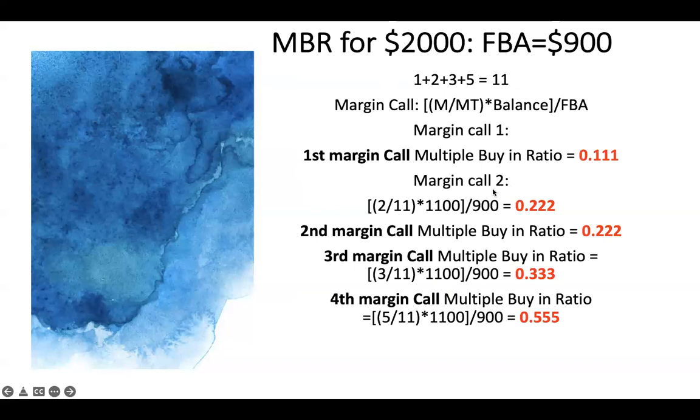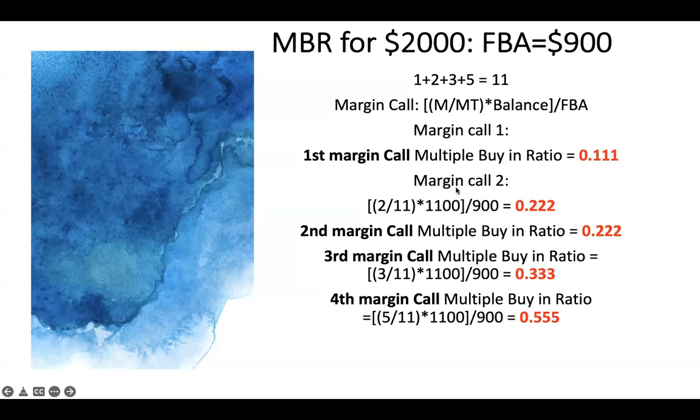In the case of $2,000, the first buying amount is $900, 45%. Then the balance is $1,100. The same pattern applies: 1 divided by 11 times the balance, 1,100, divided by the first buying amount. And that gives the first margin call.